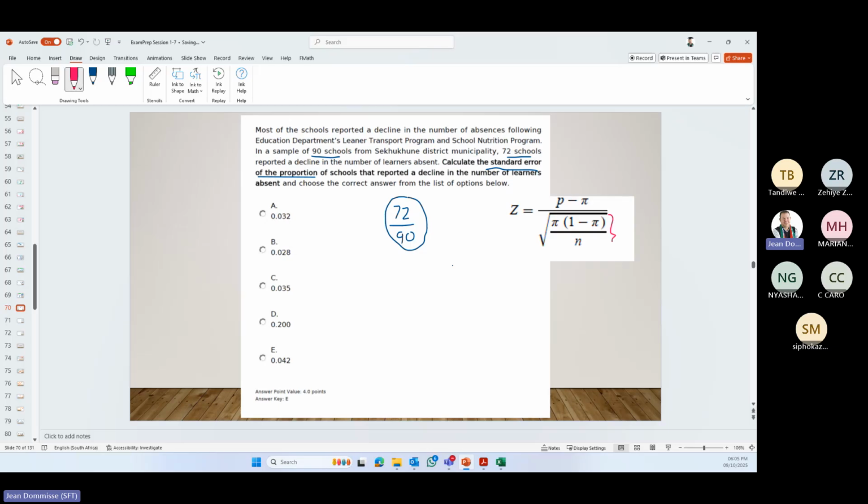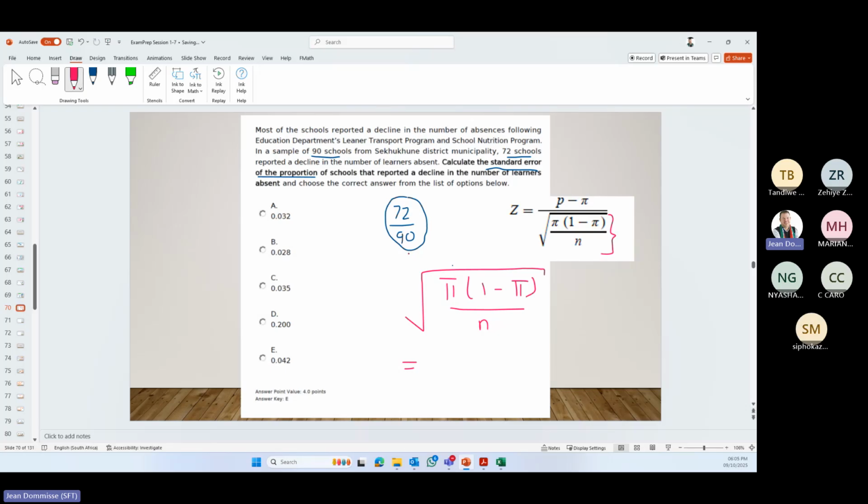That component, underneath the division, is our standard error. So here we're working with p times 1 minus p, divided by n, and always remember the square root. So let's first see what 72 divided by 90 is.